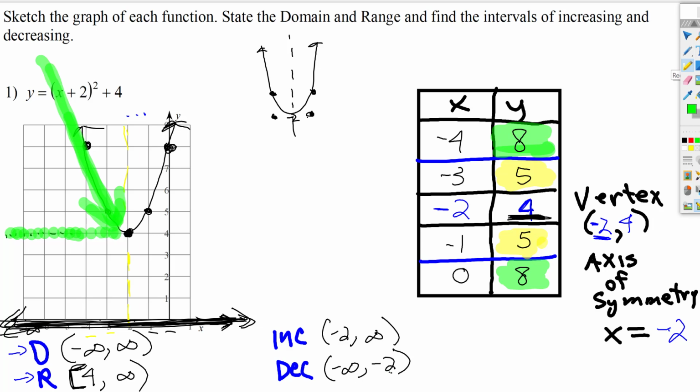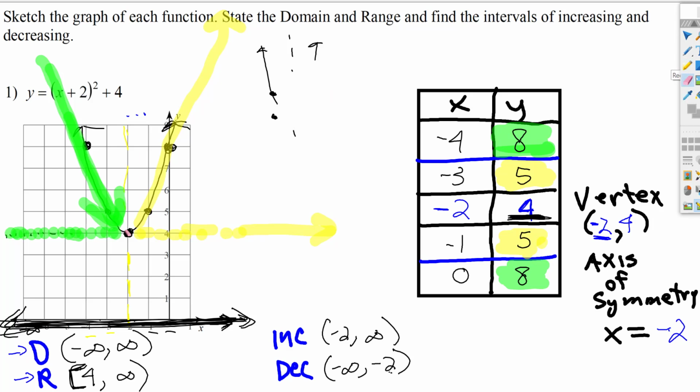And then, let me do a different color. From negative 2, all the x values from negative 2 to positive infinity, those y values are increasing. All right, so this is the information that you will need to know how to do for the next exam.